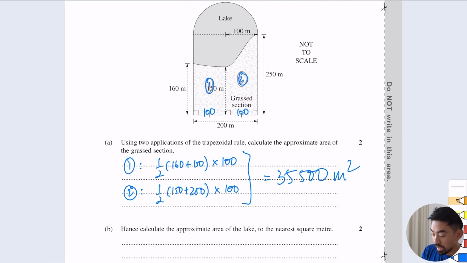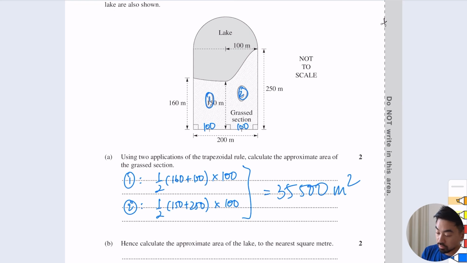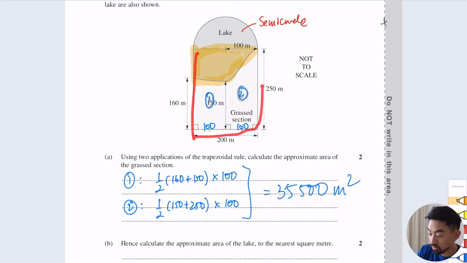Hence calculate the approximate area of the lake. Okay, so we just need this shaded bit there. Now that there at the top is clearly a semicircle. That's easy enough to find. But this bit here is just going to be our rectangle minus what we found using the trapezoidal rule.